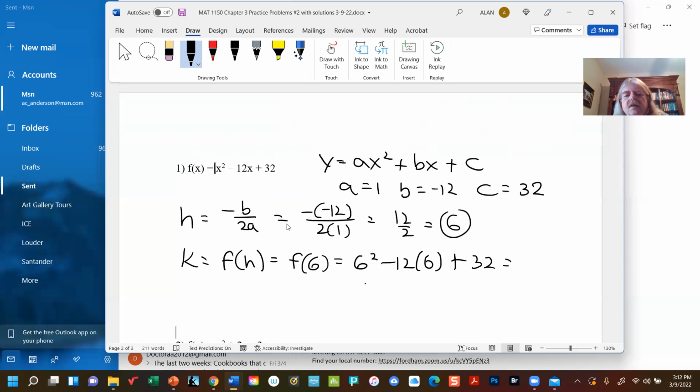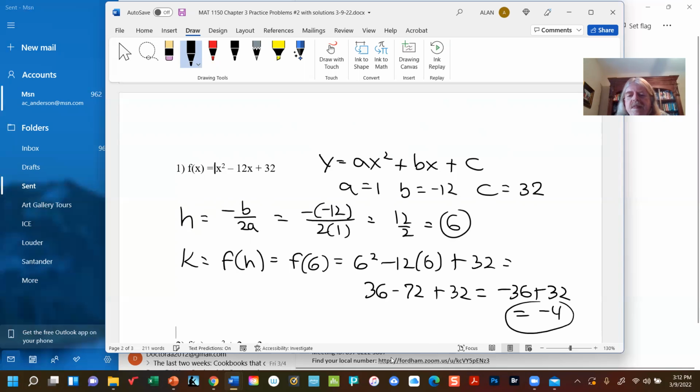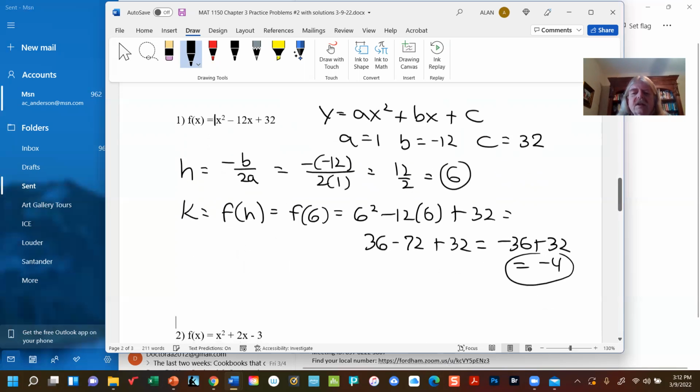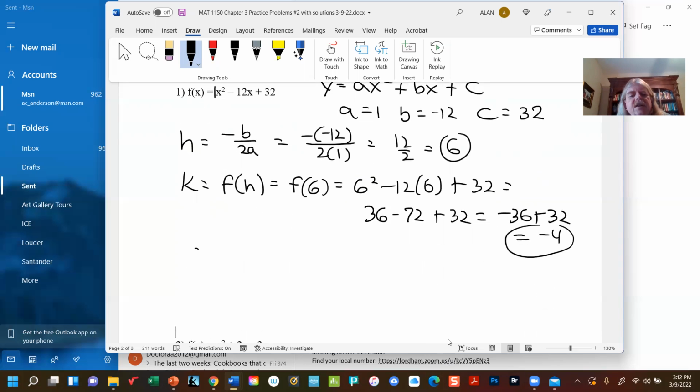And that equals 36 minus 72 plus 32, which is negative 36 plus 32, which is negative 4. So that tells me that the point that we're looking for, the vertex h comma k, is the ordered pair 6 comma negative 4.